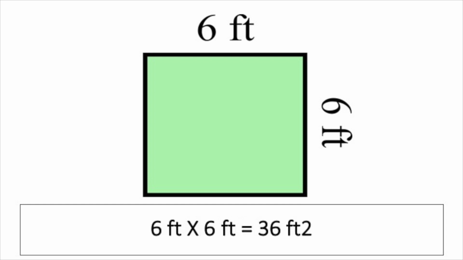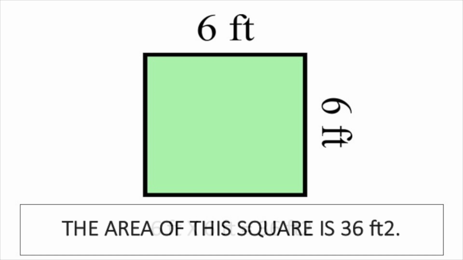So 36 foot and then squared. Always, whatever the unit of measurement, whether it's centimeters, kilometers, foot, or inches, if we're measuring the area of something, it's always squared. The area of this square is 36 foot squared.